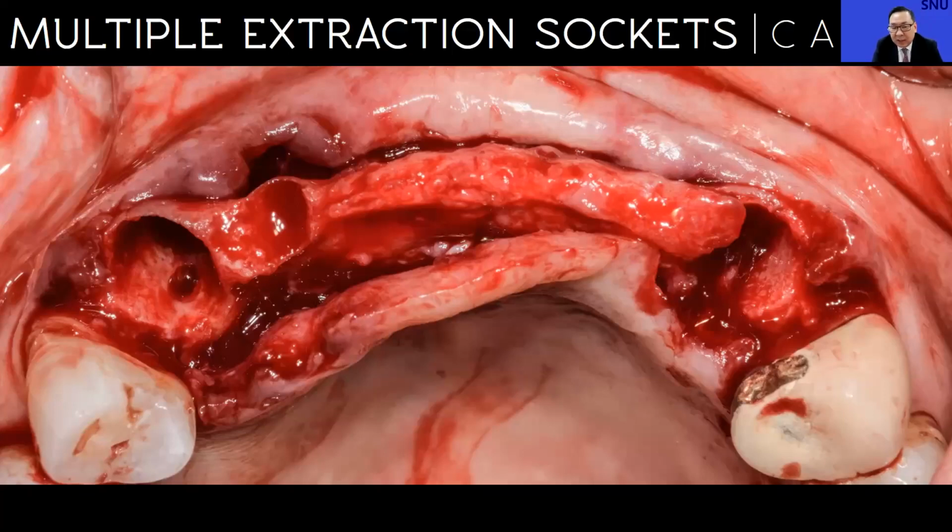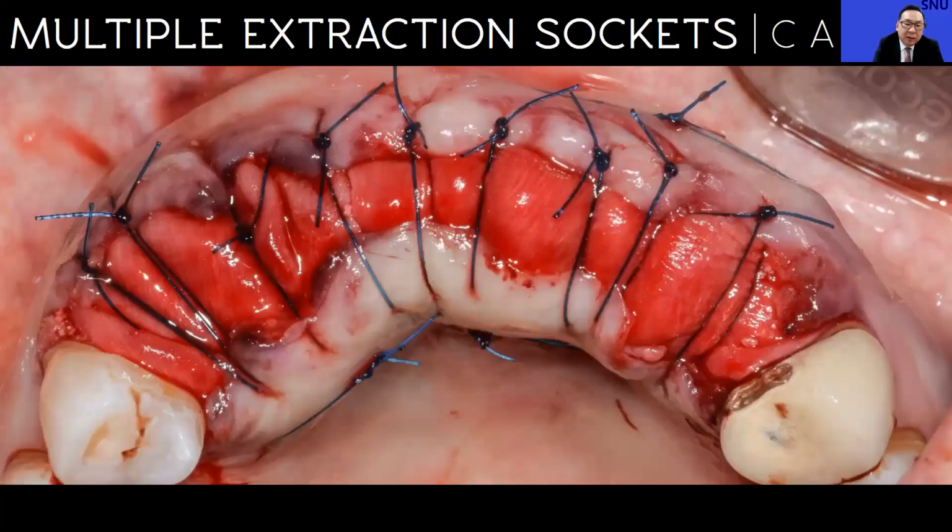And then in the next slide, we used the collagen membrane, stretched it to the other end so that it was actually expanded and stretched when it was tied. And then we used multiple interrupted sutures to create a very big open healing case.